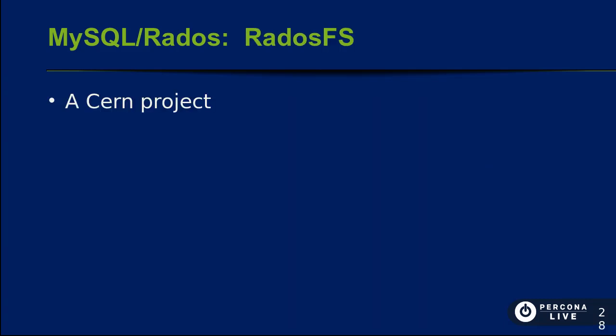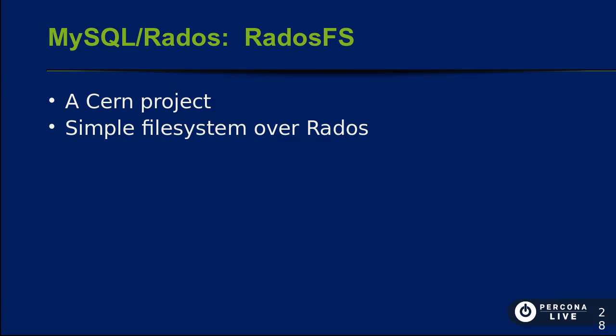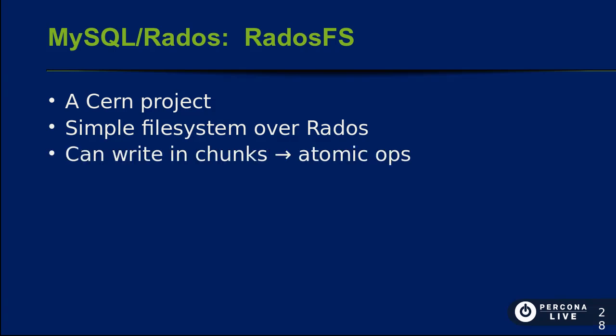RadosFS is an implementation of a very simple pseudo file system in Ceph that supports the atomic operations. I thought that could save me a lot of work instead of reinventing directory structures and inodes. It's already done, so I chose that. It writes in chunks that you define.